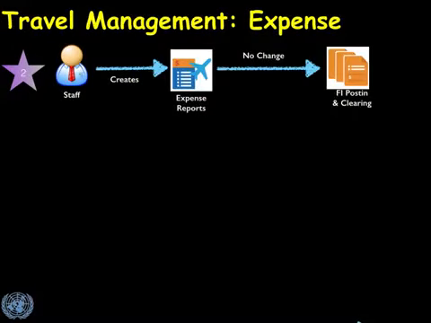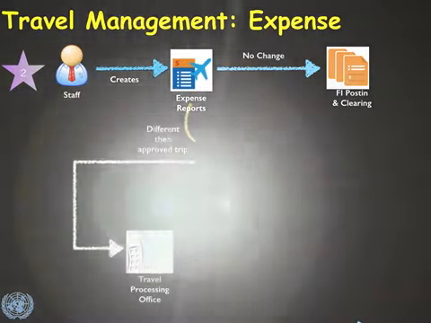If the travel expenses are of no change to that of the approved travel request, the system assumes it as an express claim and it automatically does the FI posting and the clearing part. There is no additional certification.